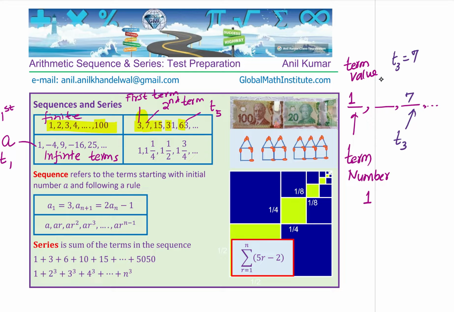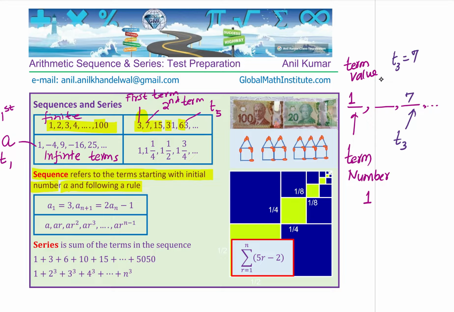All the numbers are related to one another. So in short, I can say a sequence refers to the terms starting with an initial number. We'll call this initial number A, and following a rule. All of the numbers which come in this order are related with one another by a rule, correct? So for rules, we have three types.